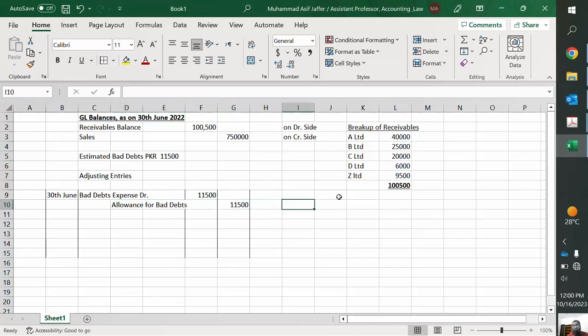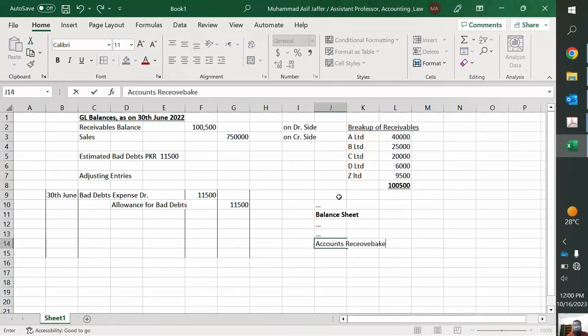Now this means that whenever we make the balance sheet, let's make the balance sheet. In the balance sheet, we will put the date and the name of the company. We already know these protocols, so I am omitting them for now. We'll show many assets, and then we will show accounts receivable, excuse me for the spelling mistake, 100,500.